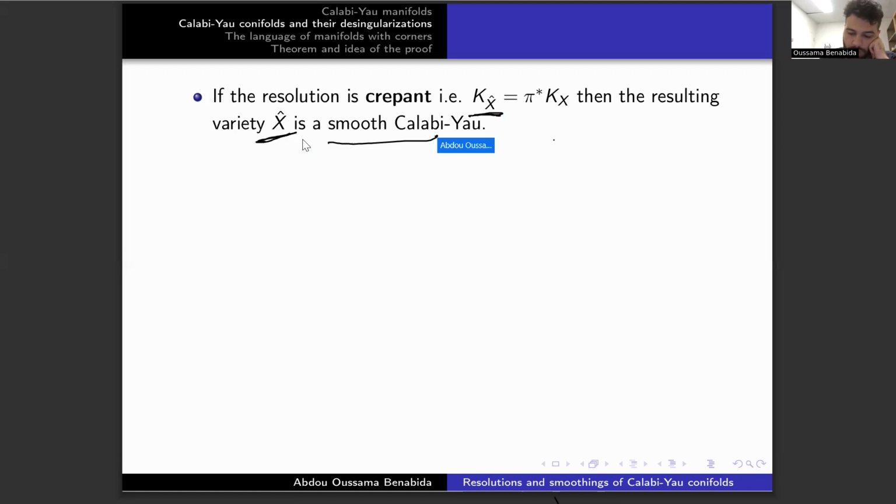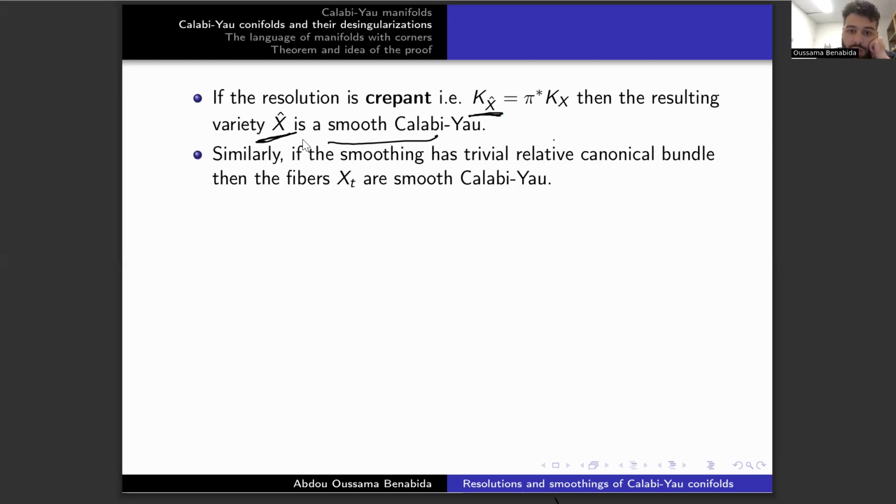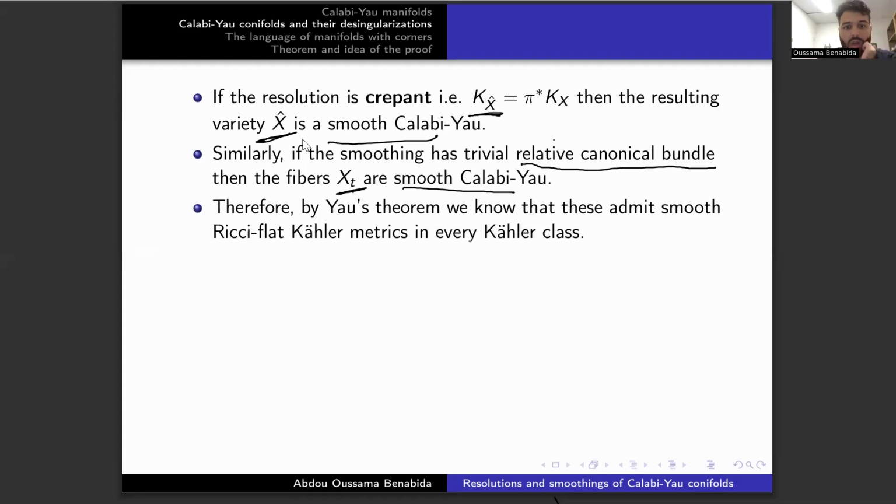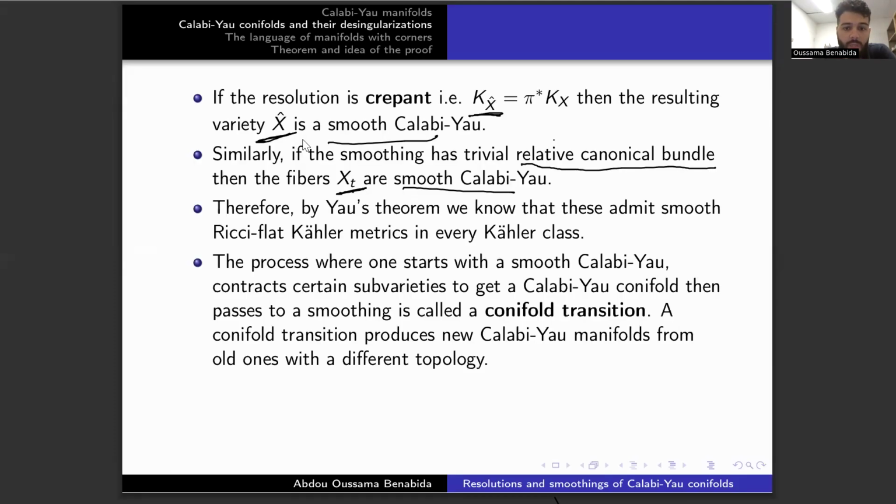So it's a smooth Calabi-Yau. Same thing, if the smoothing has what we call trivial relative canonical bundle, so this means in particular that the canonical bundle of each fiber is trivial, then the fibers are also smooth Calabi-Yau. And therefore, by Yau's theorem, we know that they have smooth Ricci-flat Kähler metrics in every Kähler class.